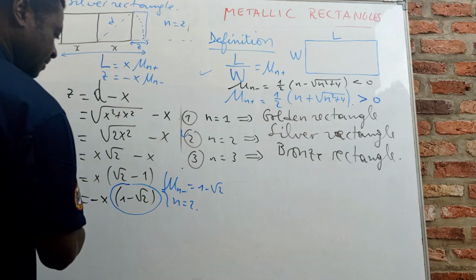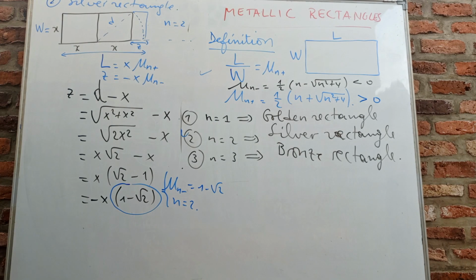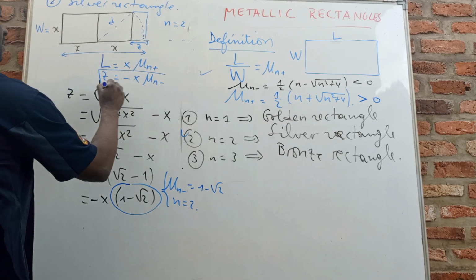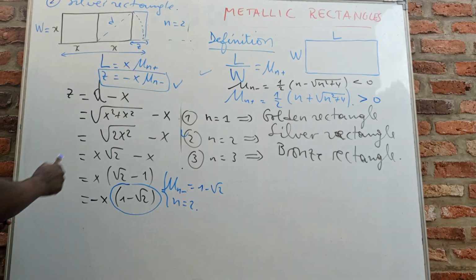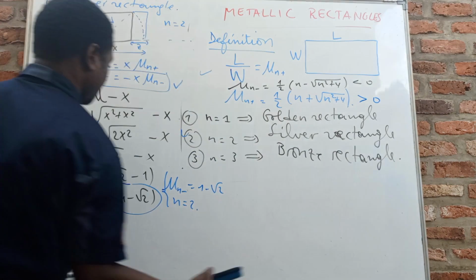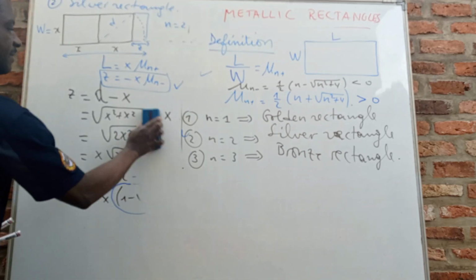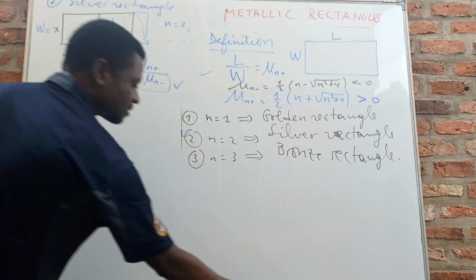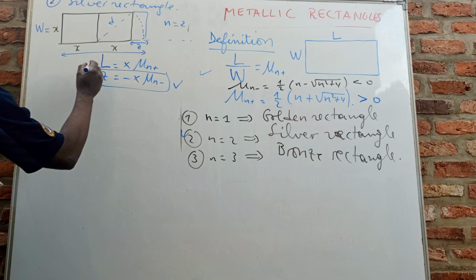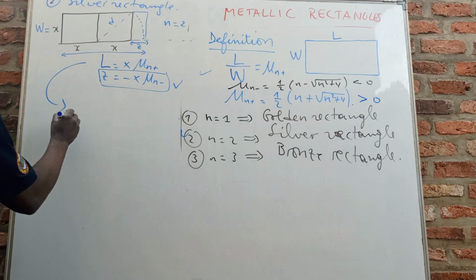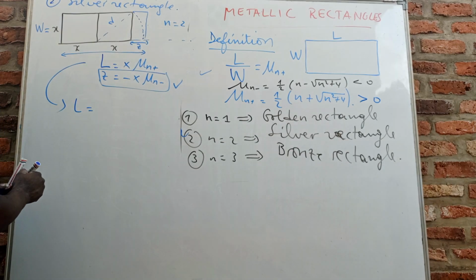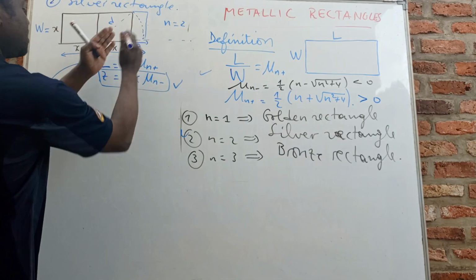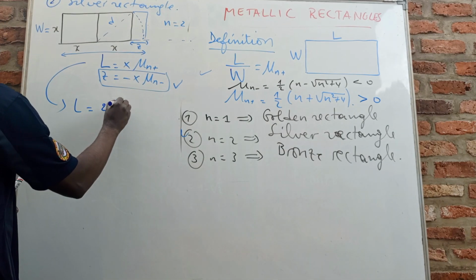Now, next, so this relation is verified. Now we need to verify the first one. Let us do it over here again. Let us use this to prove this relation. L is equal to twice x plus z, so this is 2x plus z.